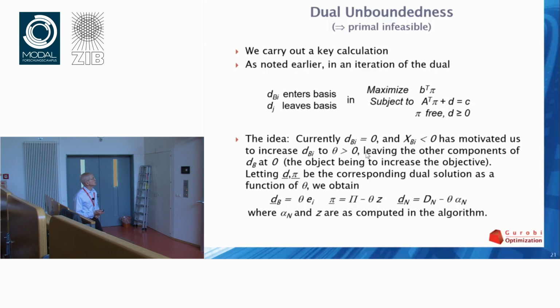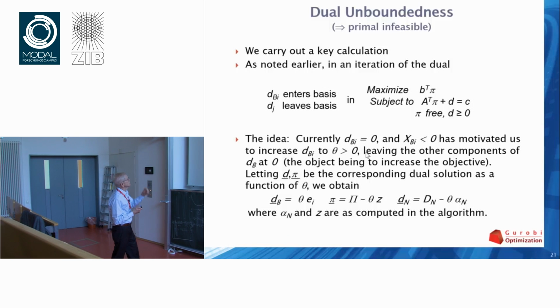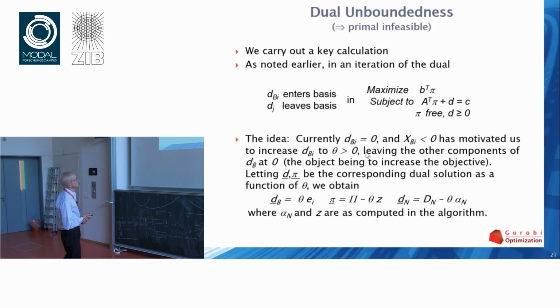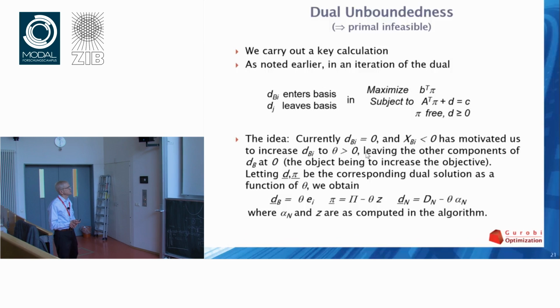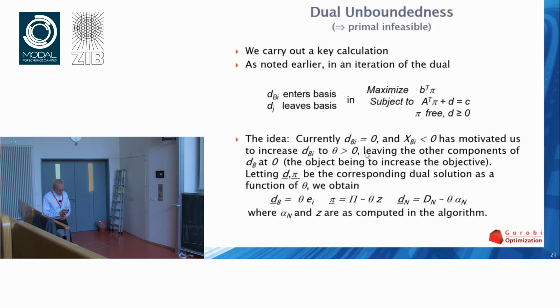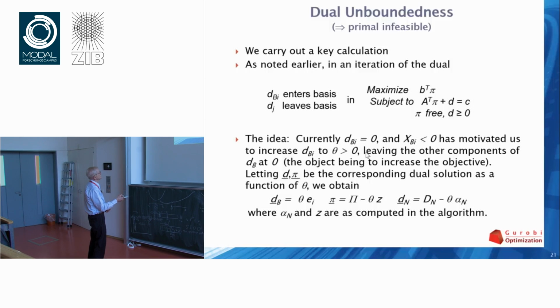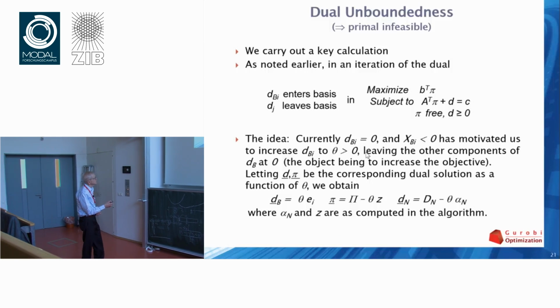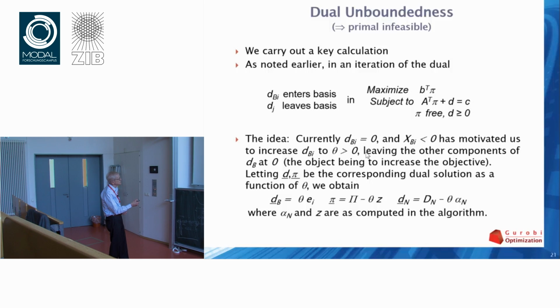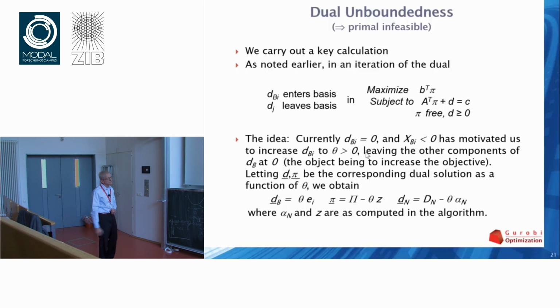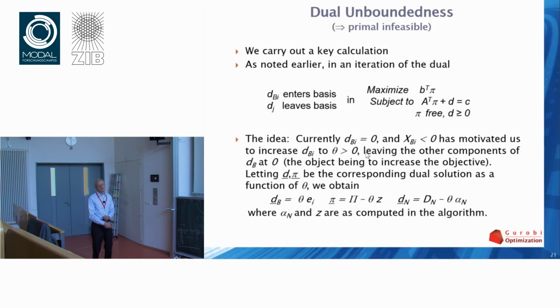Okay, so letting D and pi be the corresponding dual solutions as a function of theta, we obtain the following formulas. The first formula is quite simple. That just says that the ith component is going to be equal to theta. This is a unit vector. And all the other components stay 0.